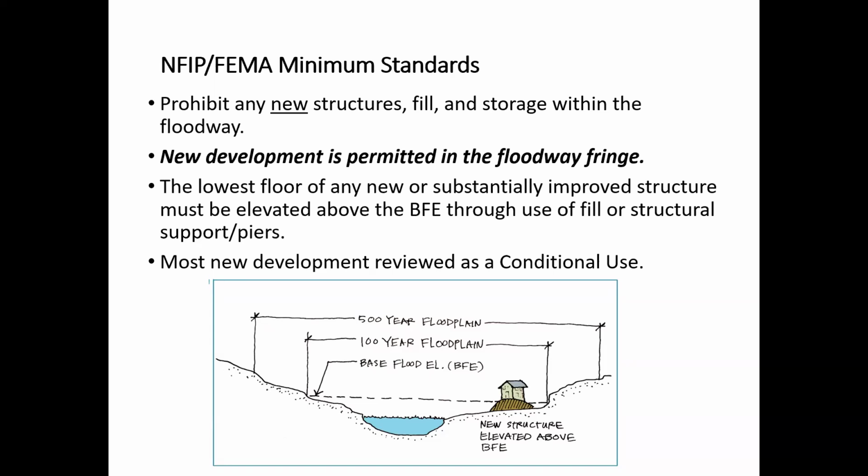What that means, the big FEMA rule, is that the lowest floor of any new or substantially improved structure needs to be elevated above the base flood elevation through use of fill or structural support piers. So what this shows is that a new structure is being built not in the floodway, but in the floodway fringe, and it is elevated above the base flood elevation.